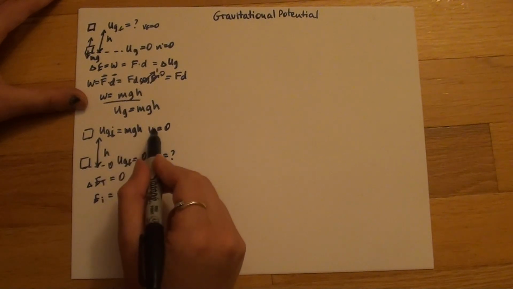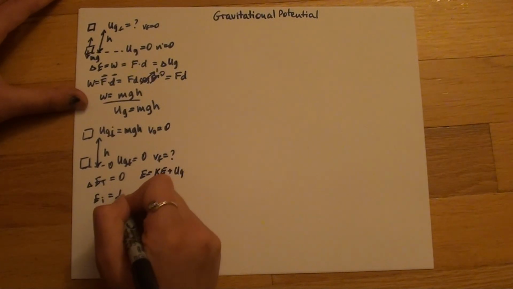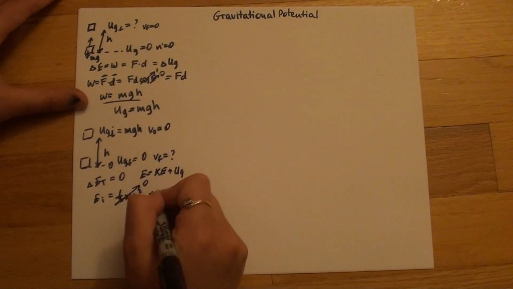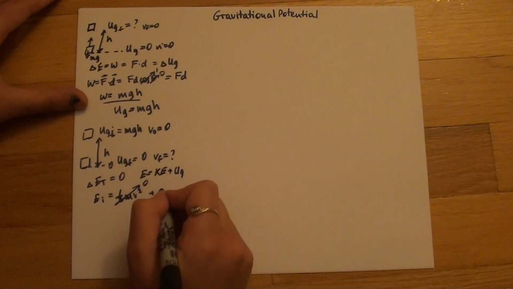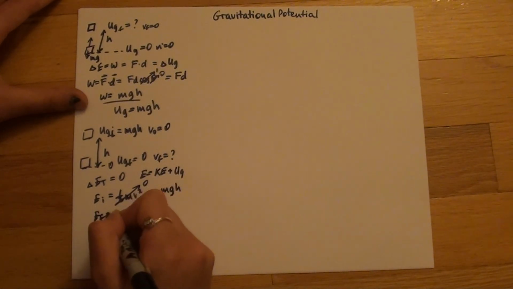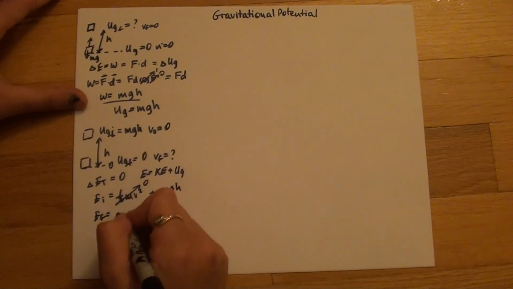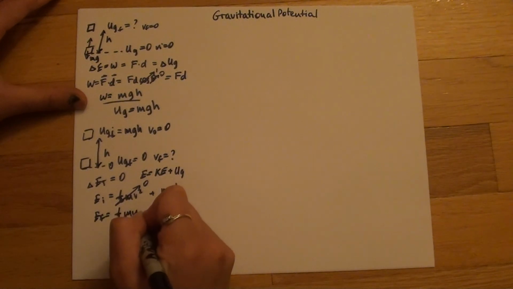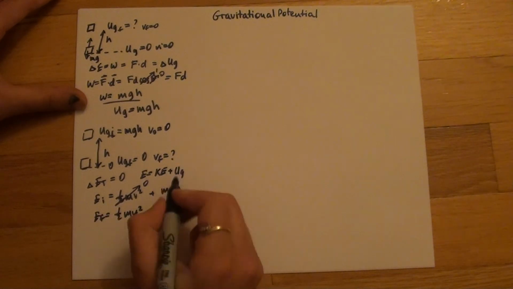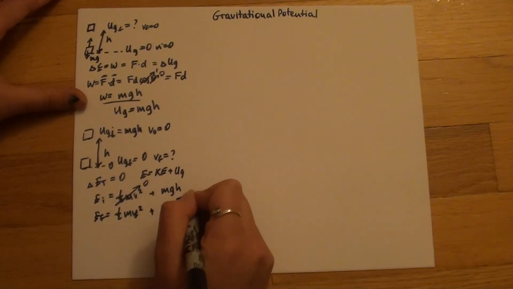The kinetic energy is 0 because the velocity is 0, so 1/2 mv squared goes to 0, plus the gravitational energy, which is mgh. And the final energy will be, since there is some final velocity, 1/2 m v final squared, but the gravitational energy is 0 because h is 0.